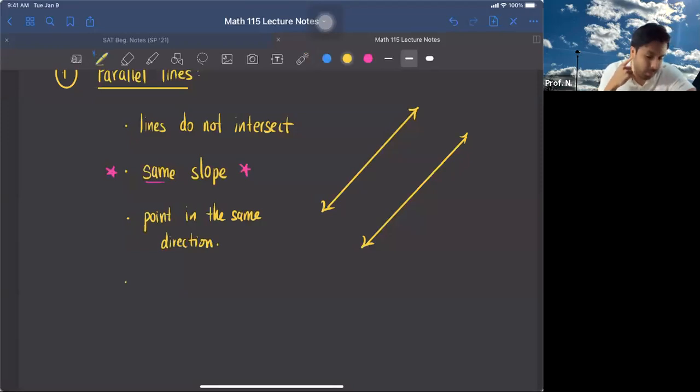And a lot of times people overlook this. If you have two lines and they never intersect and they have the same slope because they point in the same direction, it must mean that the distance between the lines is the same throughout.